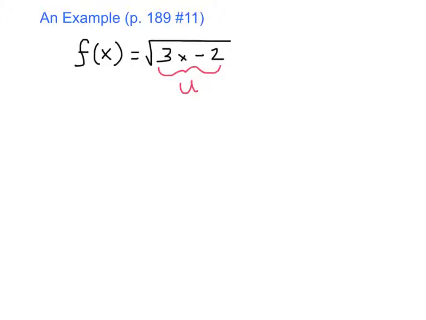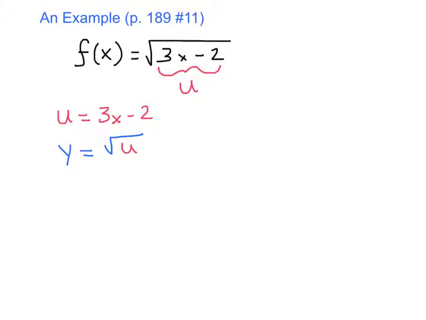So what we do then is we write down what we said u was. We're going to substitute u into the original function. So our function y, or f of x, is actually equal to the square root of u. And then to implement the chain rule, what we do is we figure out the derivative of each of these.